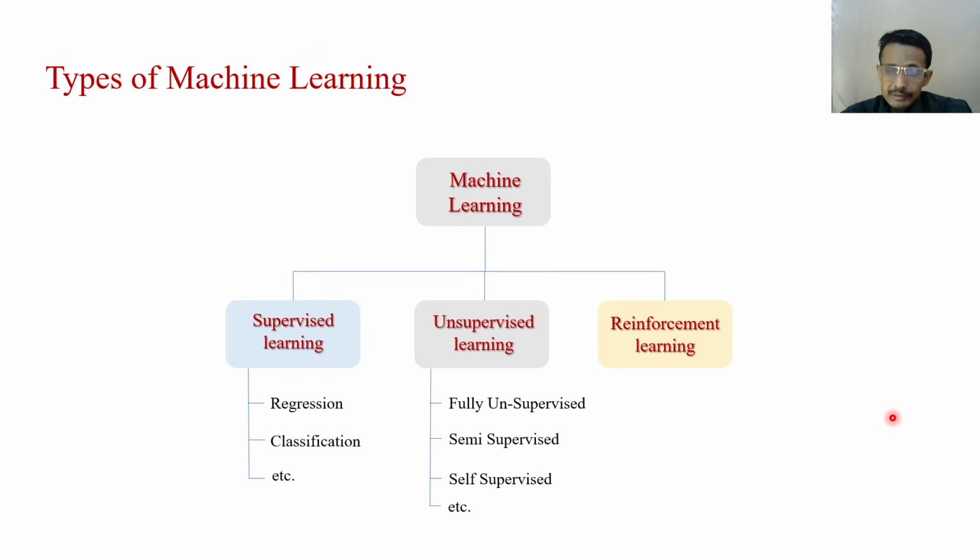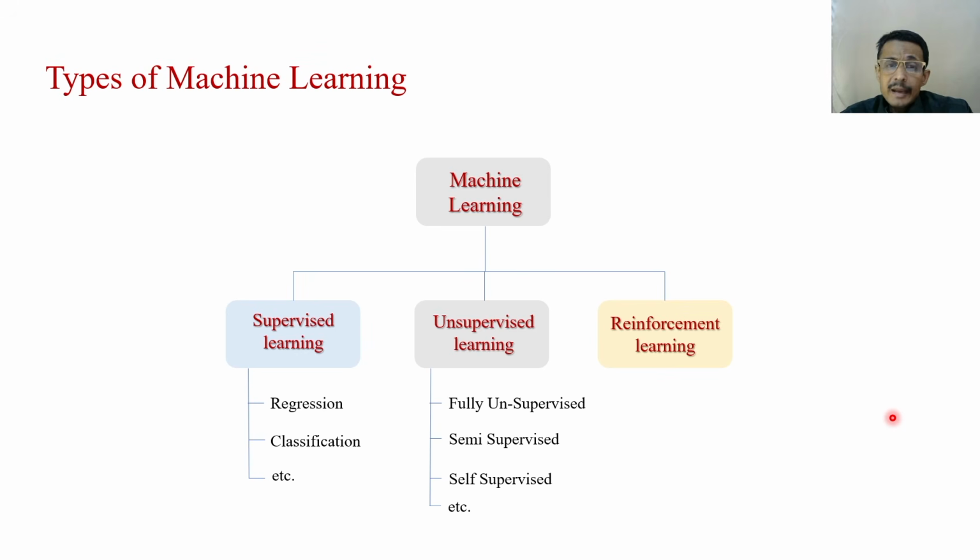Data is given, but it is not said, okay, look, this is a cat, this is a dog, and you have to differentiate between these. This labeling is not there. So it's called unsupervised. No supervised samples or experience are given.